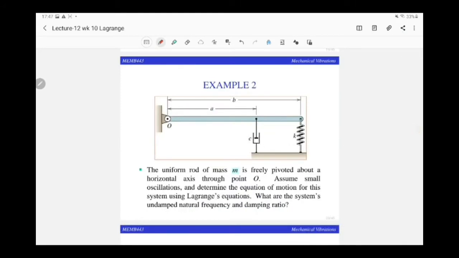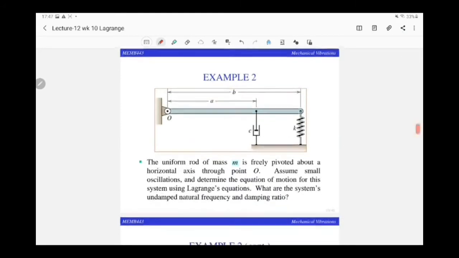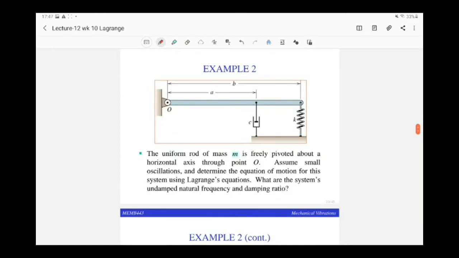Now let us take a look at the second example, when you have a uniform rod. You do have a mass freely pivoted at point O. This is point O, your pivot point. You assume small oscillations, so this makes sure that we can use the equation of your displacement, because your C and your K are linear.